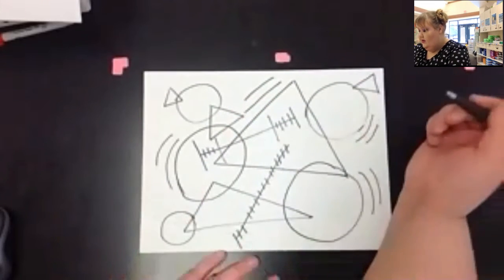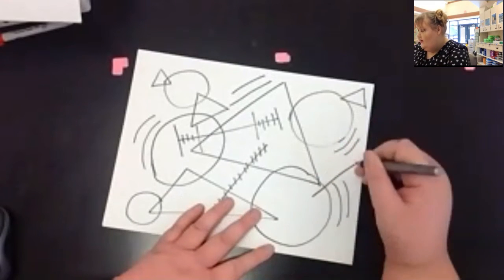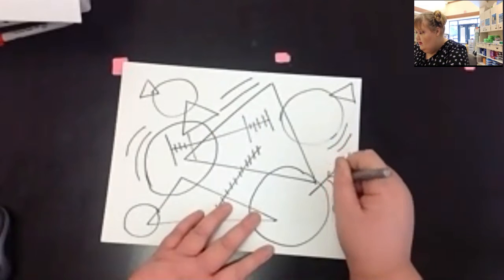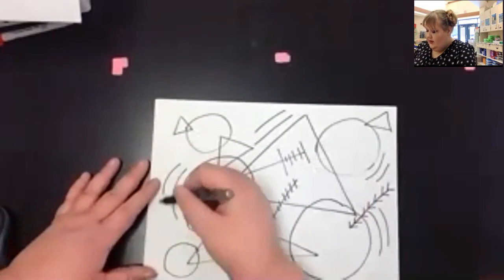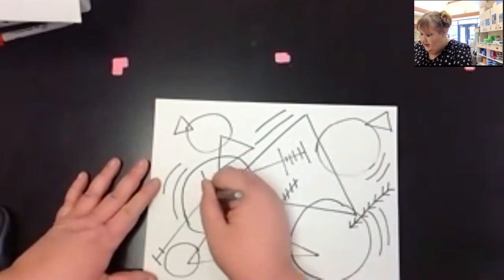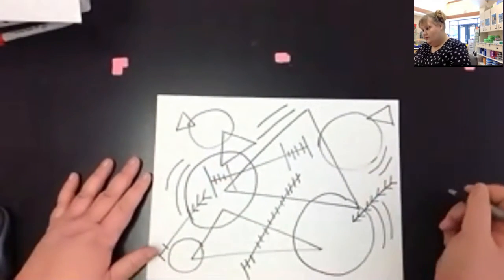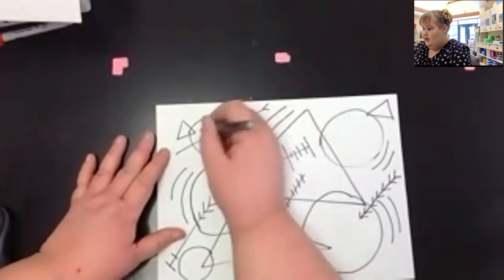That choice is yours. And then you can also make shorter lines that come out of just one shape, and maybe they have little V's on them. That's really your decision. You're the artist. These are your choices. And then you can also just combine those. But it's really up to you what you want to do with these.